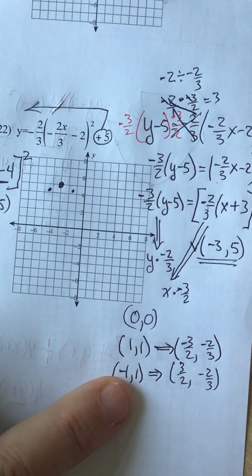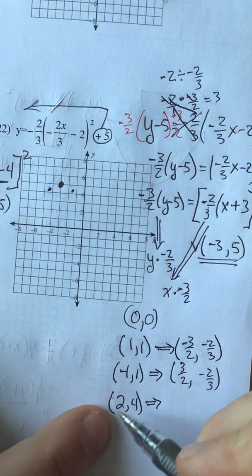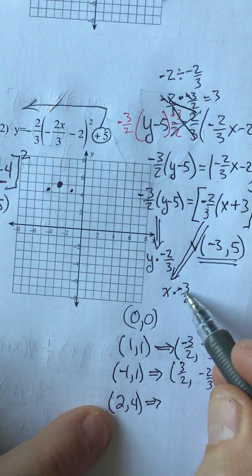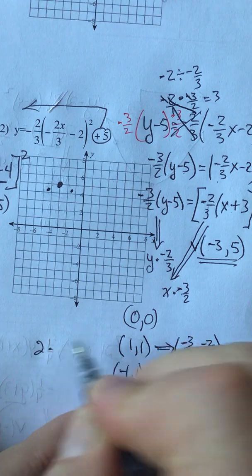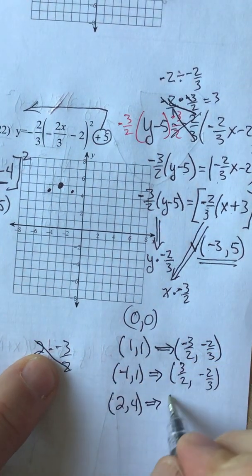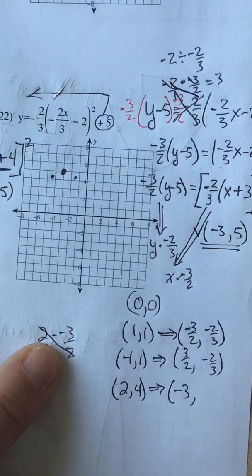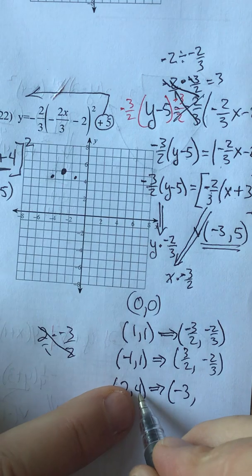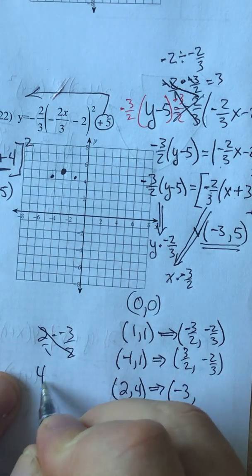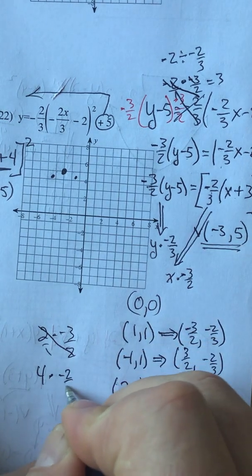I'm going to get one more set of points, the 2, 4. Okay, should have been 2, 4, but the x is multiplying it by that. So I've got a 2 times a negative 3/2. See how that's negative 3? Okay, and then the y part, so the 4 has to get multiplied by this y part, negative 2/3.